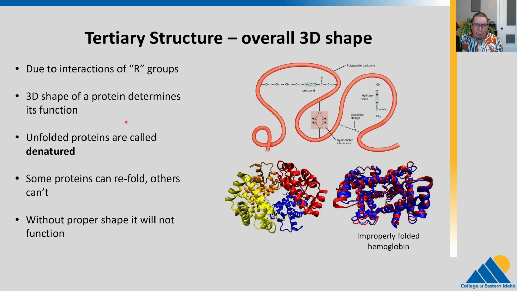When we have a properly folded protein, it does its function. Unfolded proteins are called denatured. A lot of proteins that become denatured cannot refold properly. Some can, others can't. It depends on the protein and the conditions, but if they're not in the proper shape, they're not going to do their proper function.